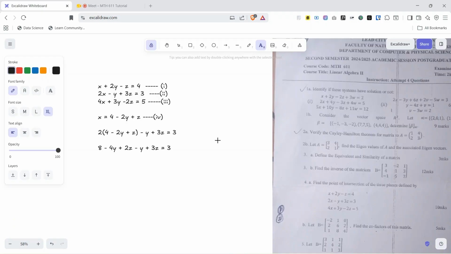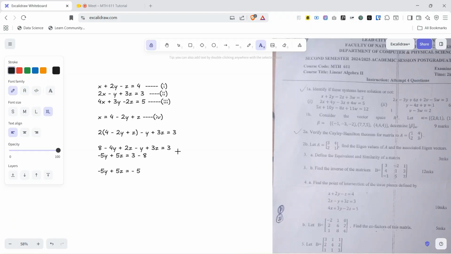So this will now give us minus 5y plus 5z equals, if you carry this 8 to the other side, 3 minus 8, which gives us minus 5. So minus 5y plus 5z equals minus 5.